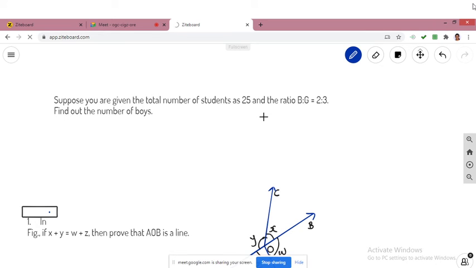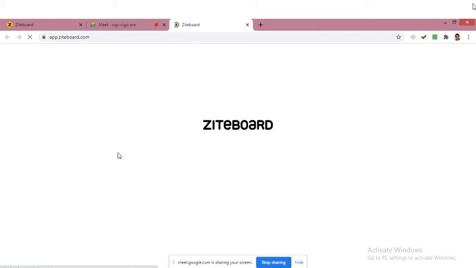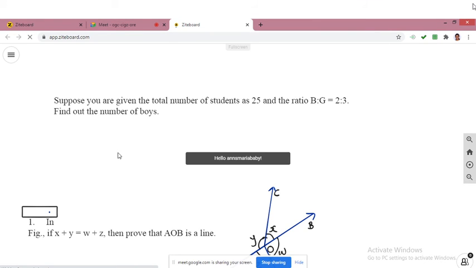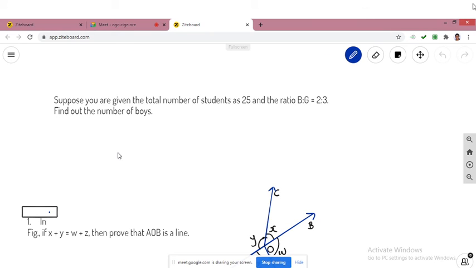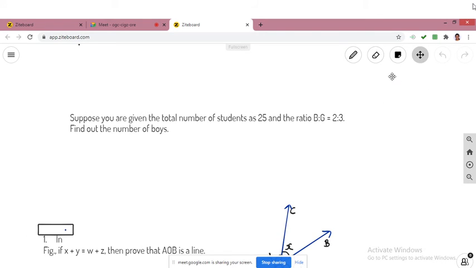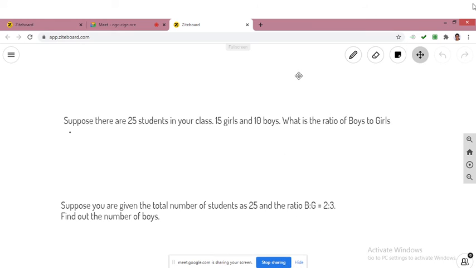Okay, suppose there are 25 children in your class. Now 25 students are there in your class. 15 of them are girls and 10 of them are boys.